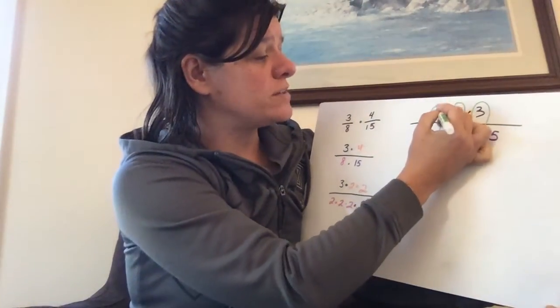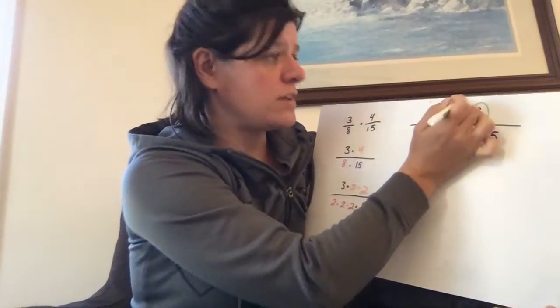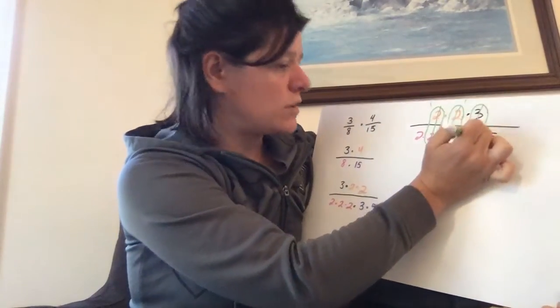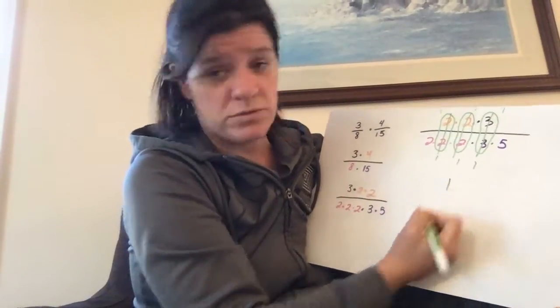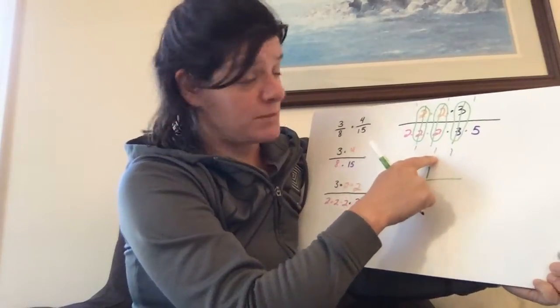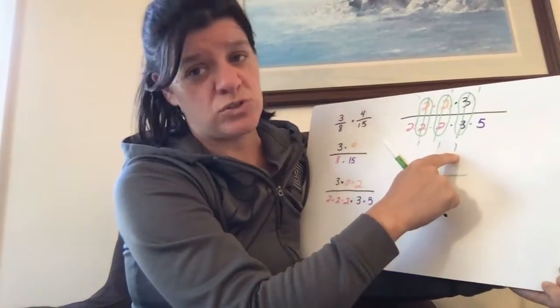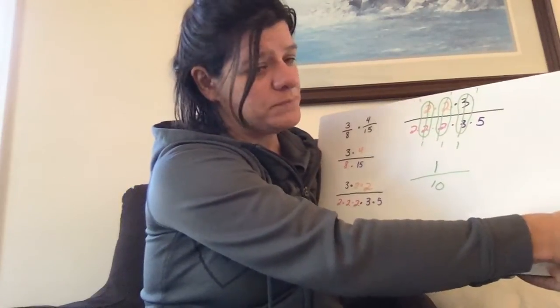So I can cross these out, and it's the same as 1 over 1. Cross these out, same as 1 over 1. Cross these out, it's the same as 1 over 1. 1 times 1 times 1 is 1. 2 times 1 is 2. Times 1 is 2. Times 1 is 2. Times 5 is 10. Okay.